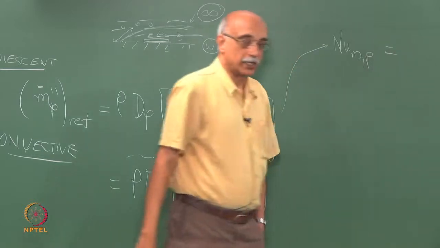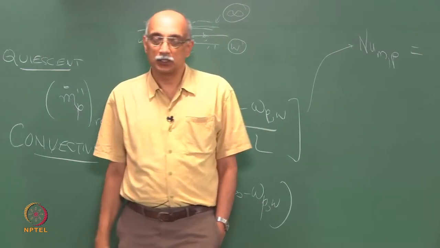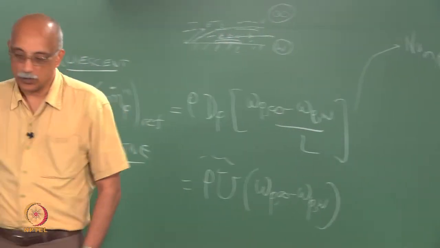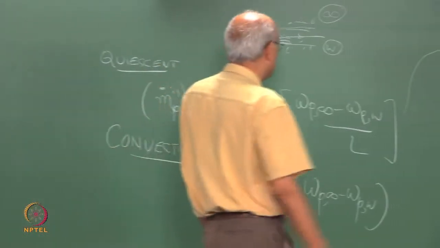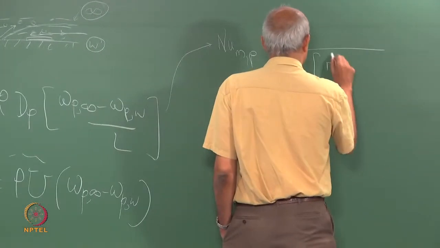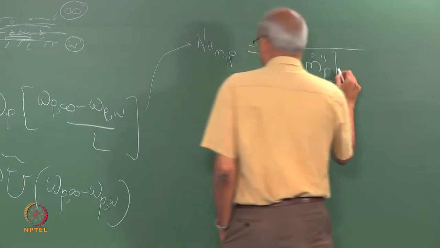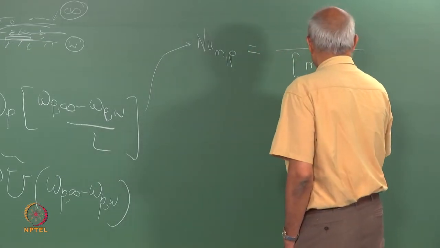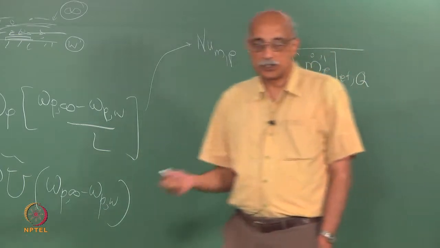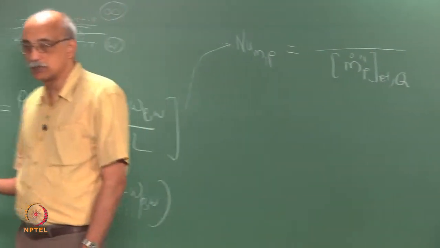You can write this as Nu subscript m comma p, where m stands for mass transfer and p stands for particle, and in your denominator you will have m_p double prime reference quiescent.